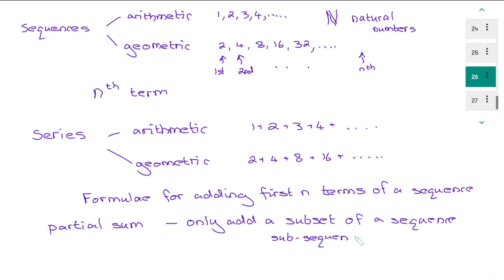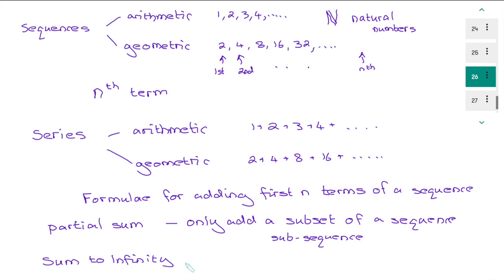Right, so that's about all we covered, except we did talk about the sum to infinity. We talked about that, the sum to infinity, and this is only for geometric series. It doesn't make sense for an arithmetic series, because either you're adding a positive number, in which case this is just going to keep going up to positive infinity, or you're adding a negative number, in which case it's just going to head down to negative infinity.